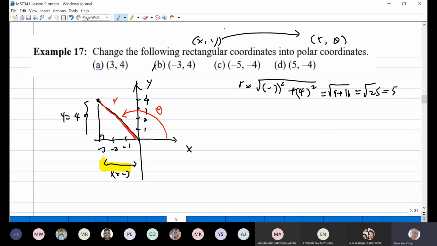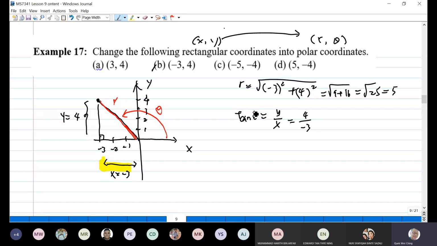Now, how to find theta now? So tangent theta, we know a formula. Always use that. Tangent theta is y over x here, and y is equal to 4. x equal to minus 3.